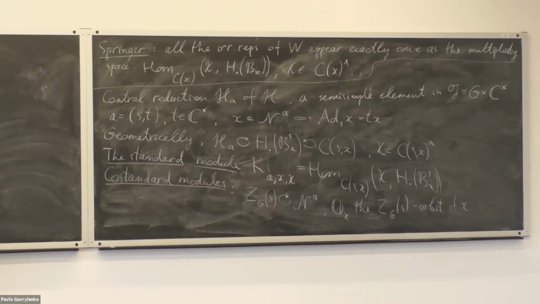So S tilde contains the pre-image of X itself, and this is just the fixed point set, and so this is sort of a tubular neighborhood of the fixed point set.